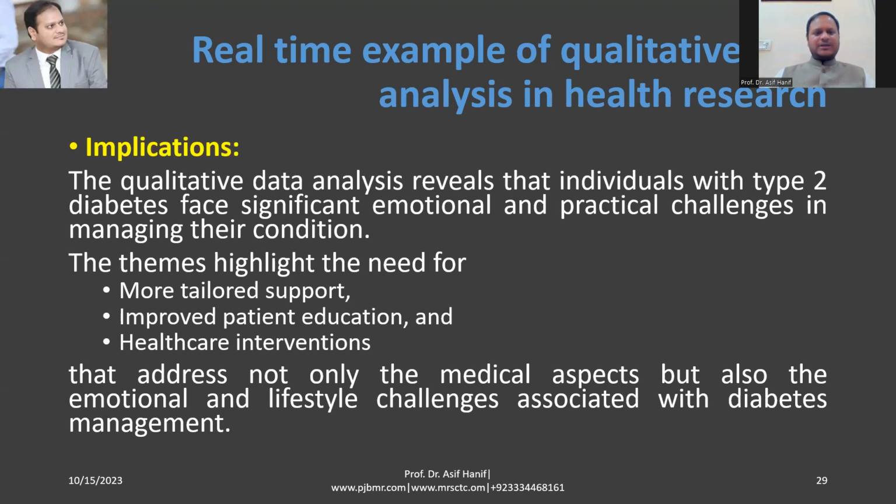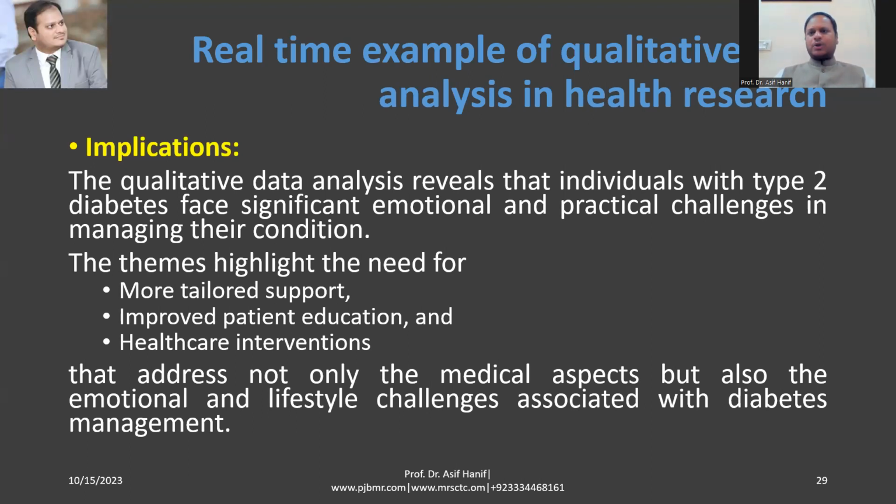The themes highlight the need for more tailored support, improved patient education, and healthcare interventions for adherence to treatment that address not only the medical aspect, but also the emotional and lifestyle challenges associated with diabetes management. So this is basically the theoretical framework you make.